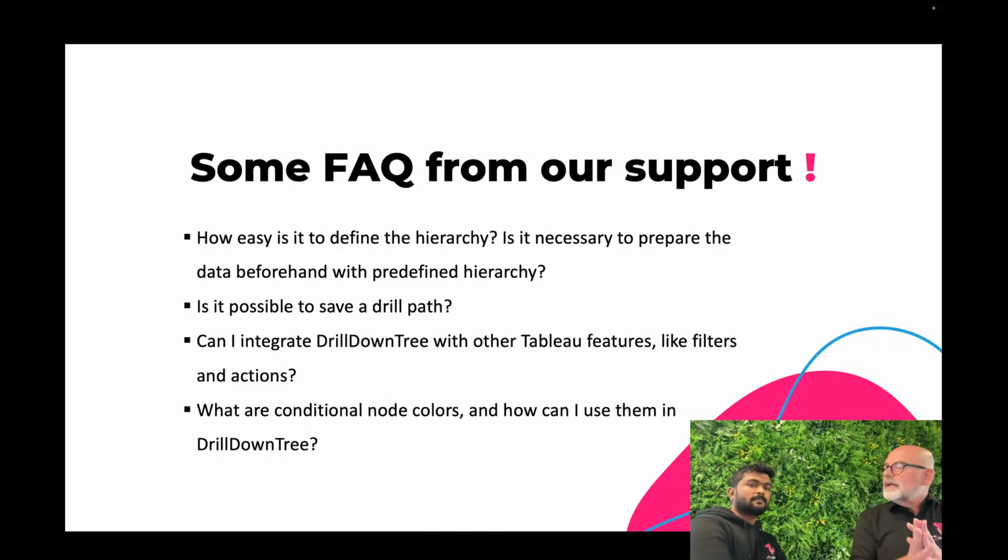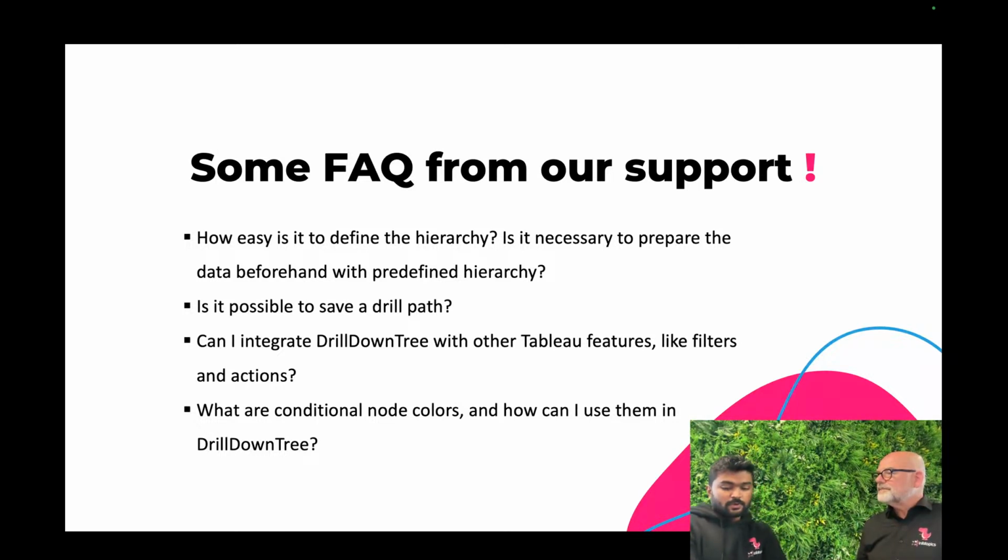So, do you need a hierarchy, Anirudh, to use a DrillDownTree, or what is the use of hierarchies with respect to DrillDownTrees? Because we all know the Superstore dataset, for example, and there's the product hierarchy of category with more detail in subcategory and even more detail in product name or manufacturer. Is that also the case in using DrillDownTree?